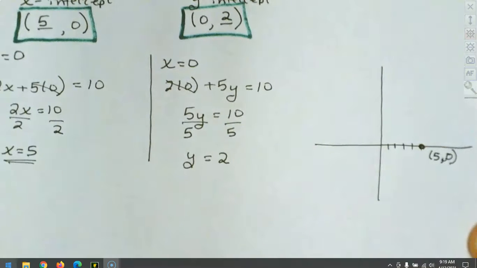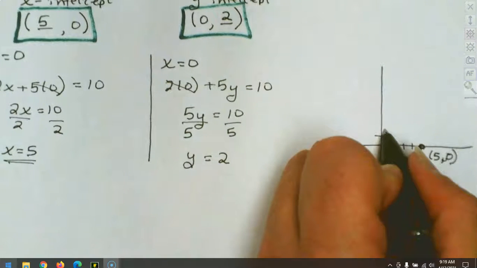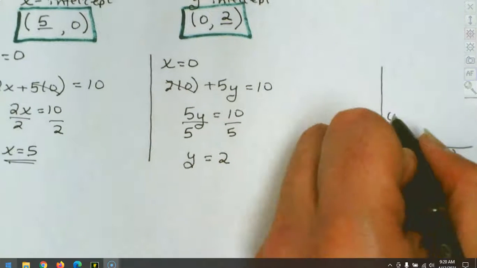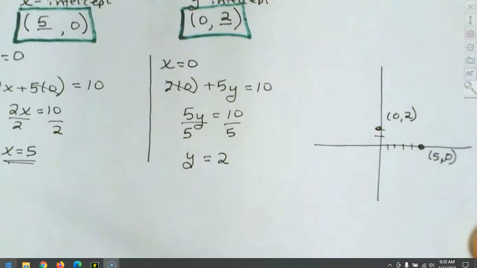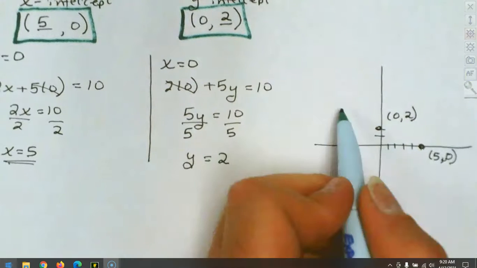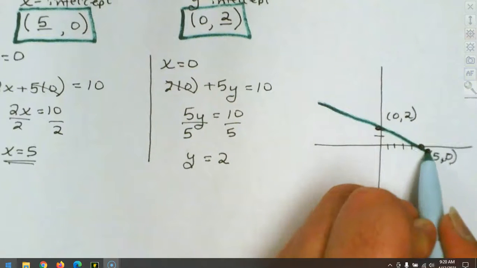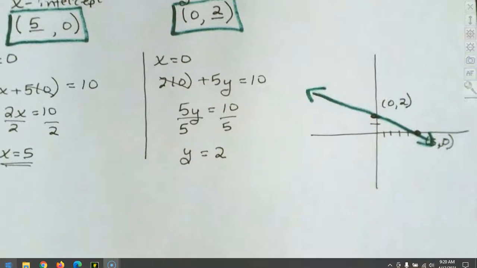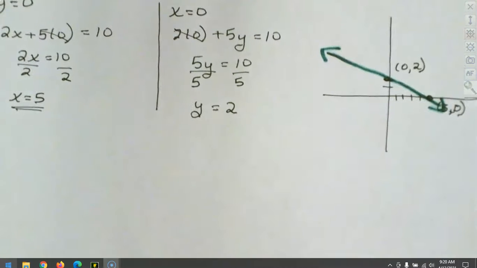We've got that point 0, 2, which is here. And what do we do? Connect them together, and we're done. That's it. And those specifically on that question want you to find the intercepts.